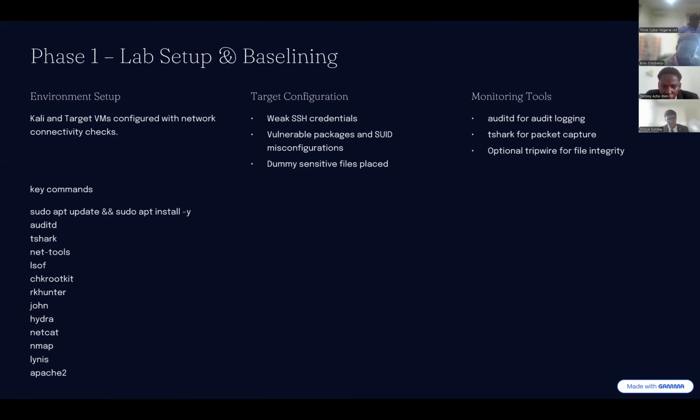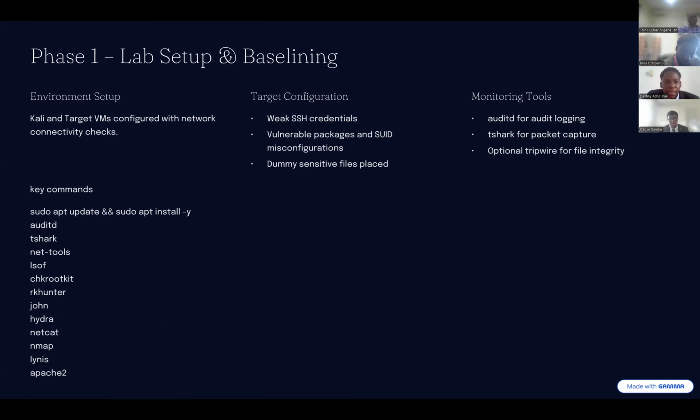The target configuration has weak SSH credentials, vulnerable packages, SUID misconfiguration, dummy sensitive files placed, and monitoring tools like auditd for audit logging, TShark for packet capture, and optional Tripwire for file integrity. We used commands like sudo apt-get update and sudo apt-get install for auditd, TShark, net-tools, and the following list like John, Hydra. All of those are things that we needed to install to perform the attack. That was the first phase of the attack.